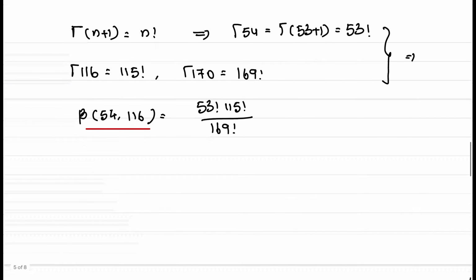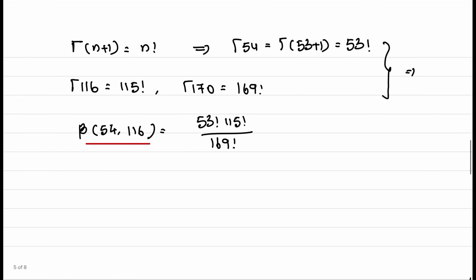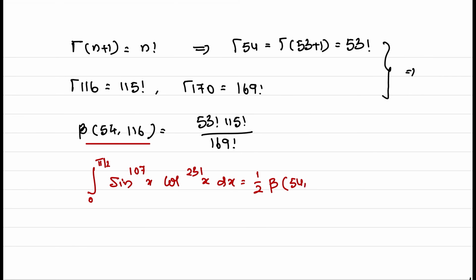The given integral value will be integral 0 to pi by 2 sin to the power of 107x cos to the power of 231x dx is equal to half into beta 54 116, that is equal to half into 53 factorial into 115 factorial whole divided by 169 factorial.